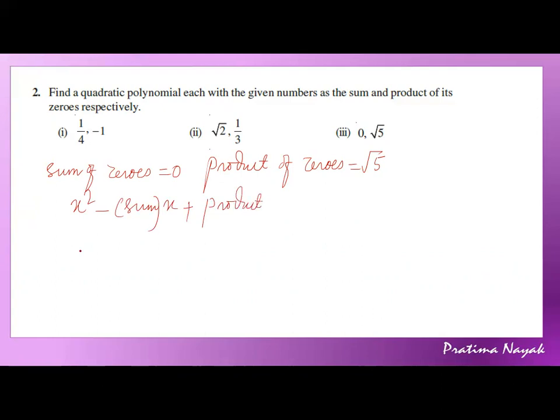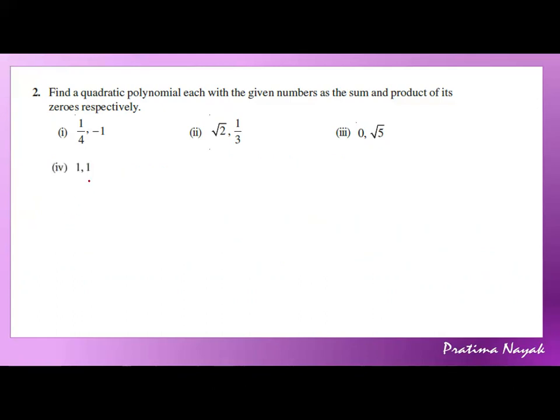So this will be x square minus 0 into x, no need of writing, plus root 5. So x square plus root 5 is the answer. Fourth one, x square minus sum into x plus product. So this will be x square minus x plus 1. Answer.